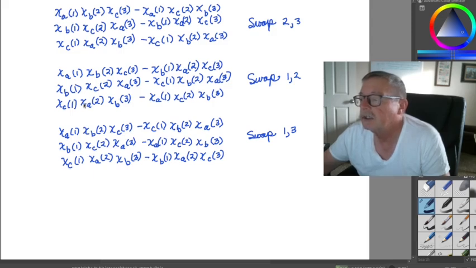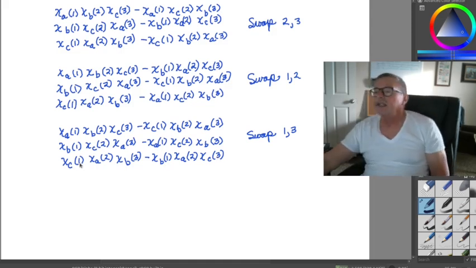Same terms. And finally, the 1 and 3, you'll notice electron 2 does not change between the terms, but the 1 and 3 are reversed, so they satisfy the antisymmetry.